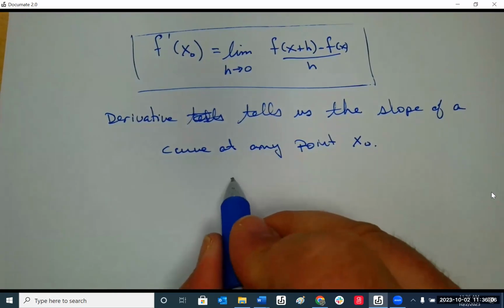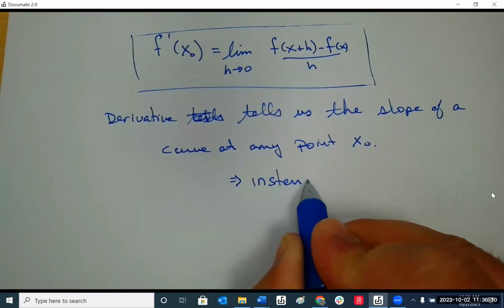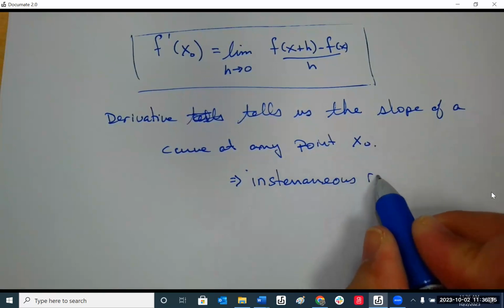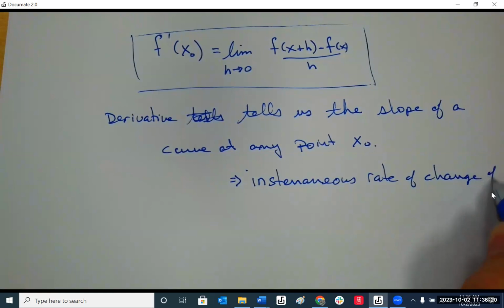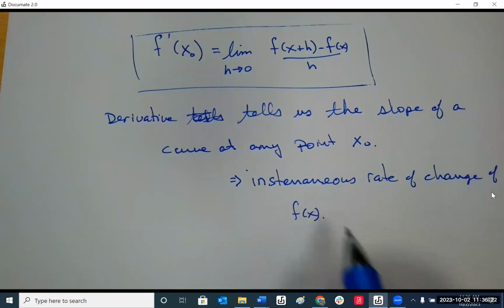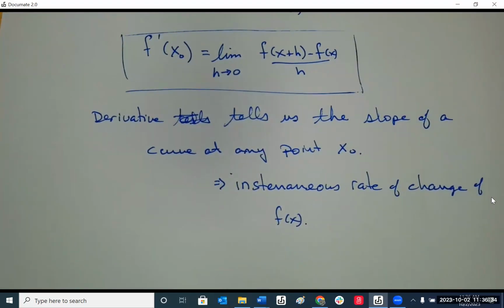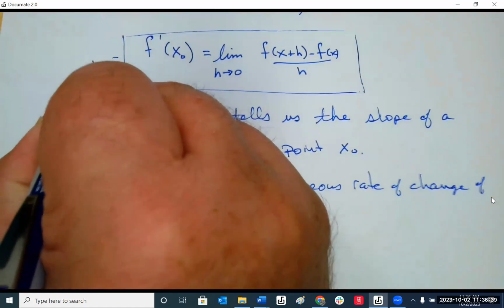So by definition, that is the instantaneous rate of change of a function. Let's take another example. So basically, all this thing really tells us is the slope.